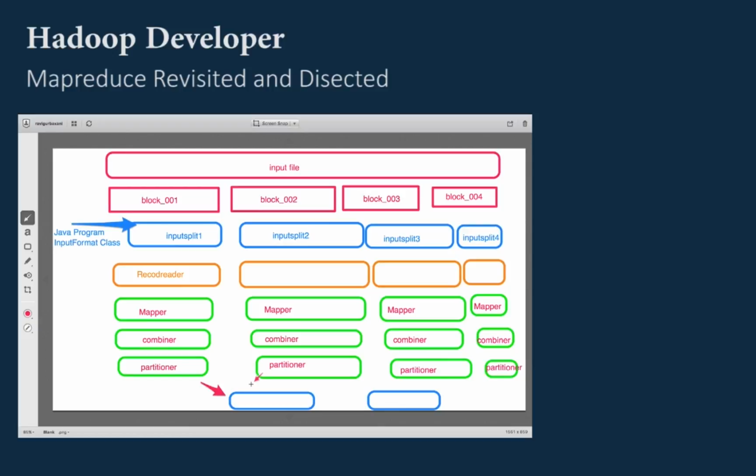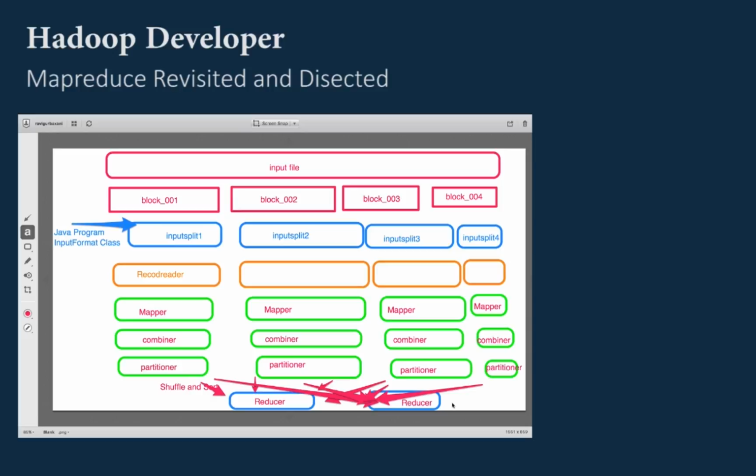This phase of pushing data is shuffle. And finally here you have the reducer. This is how the entire MapReduce framework works.